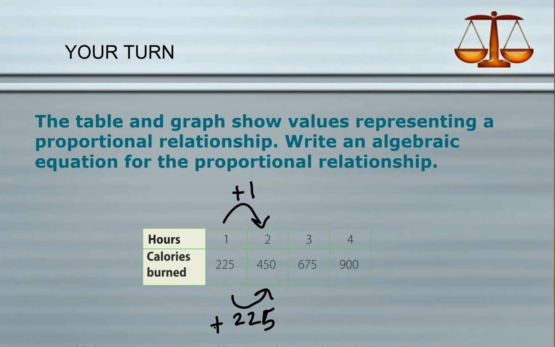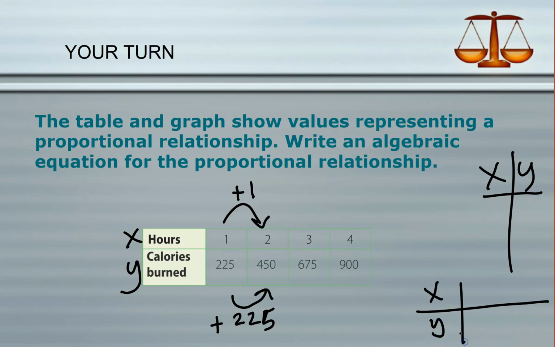All right, don't forget to label your x and your y on the table if they're not labeled. X always goes first, and then it's y. So again, you'll see tables that go like this. So please be careful.